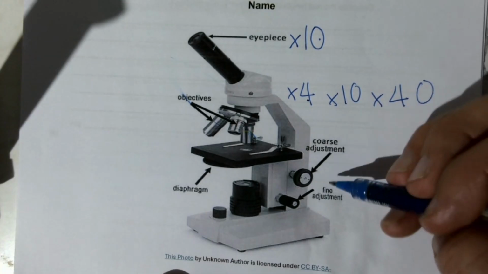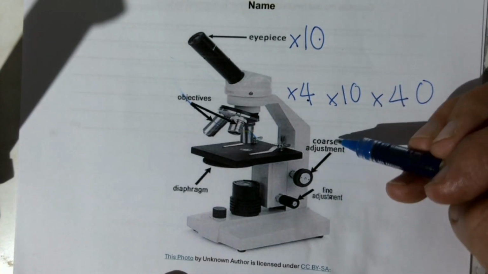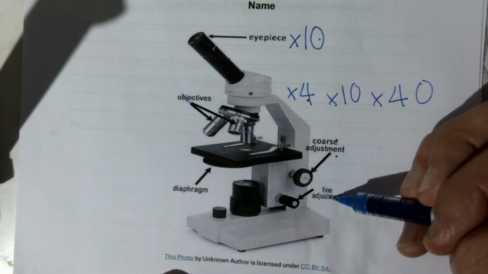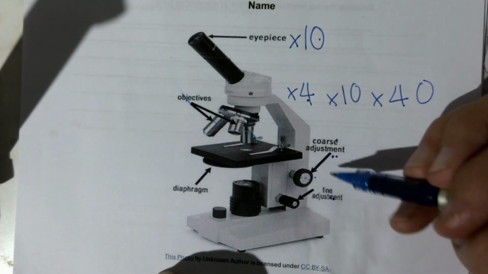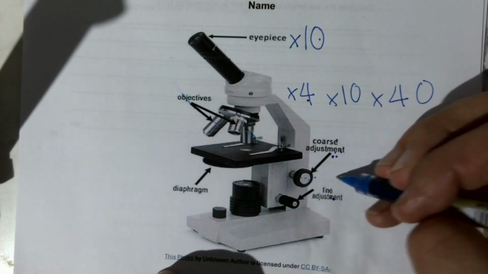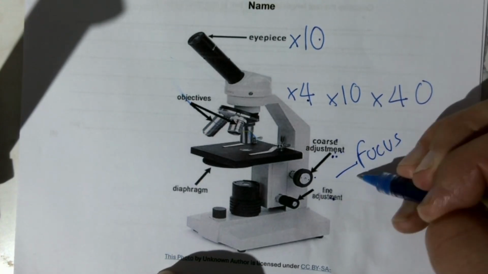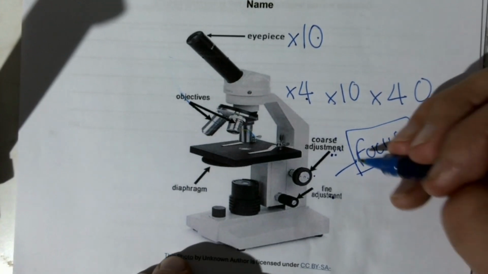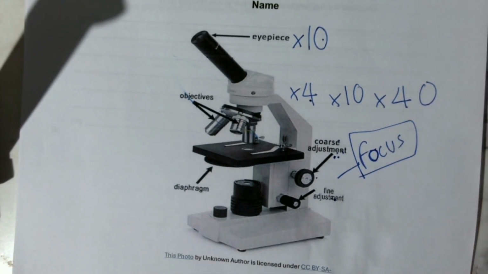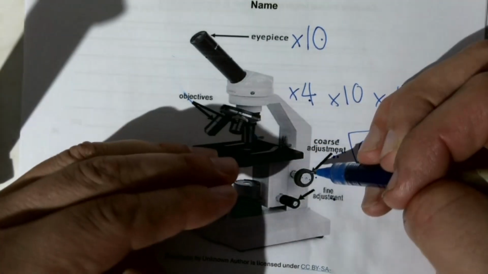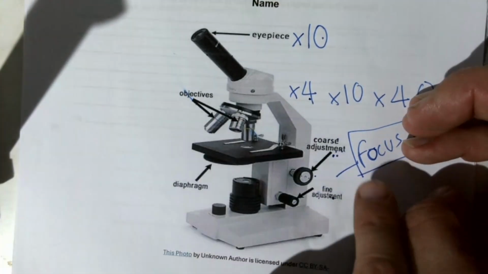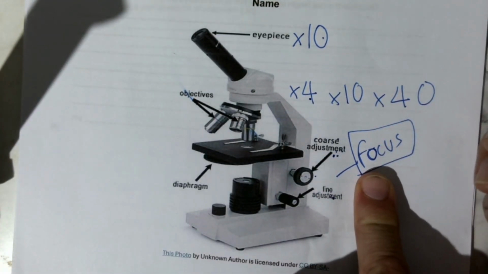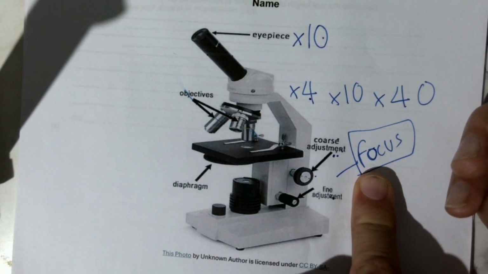We then come down to these. We've got the fine and the coarse adjustment knobs. And what do they actually do? Well, when you turn the fine and coarse adjustment knob, these two things deal with something called focus. Focus is the clarity or how clear the specimen seems. And all they do is they move the stage up and down in order to focus the image, because everyone's eyesight is different.